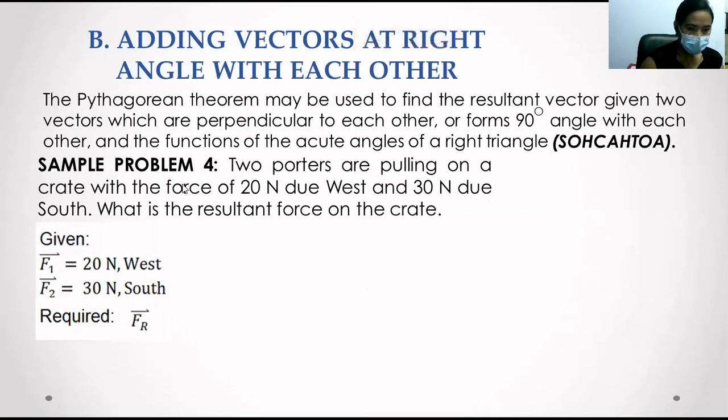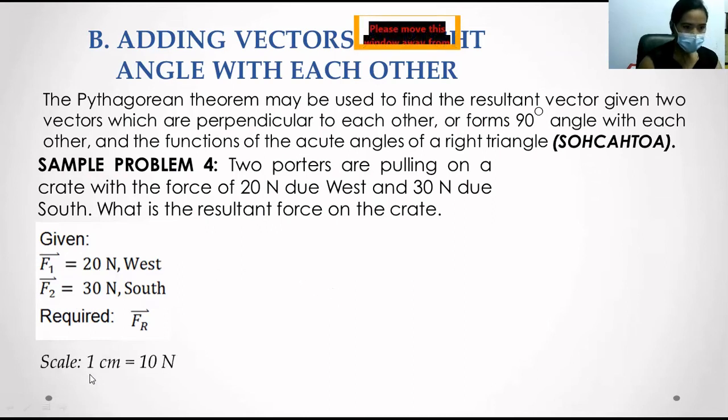So we are now talking about forces, so we use the symbol F with arrow on top. Required is the resultant force. Shall we say we use the scale for every 1 centimeter is equivalent to 10 newtons.